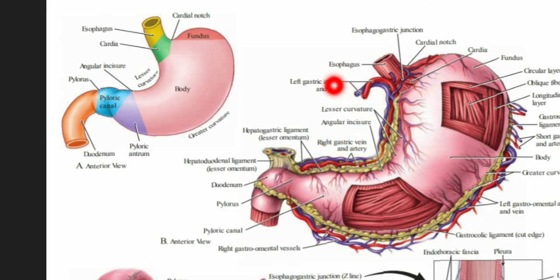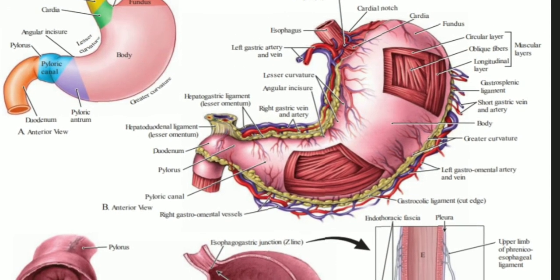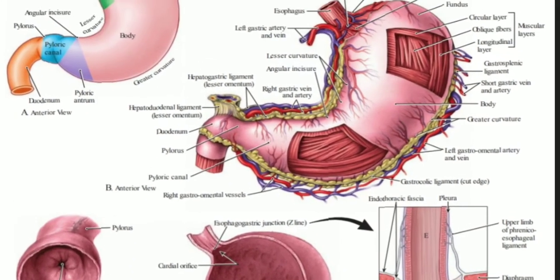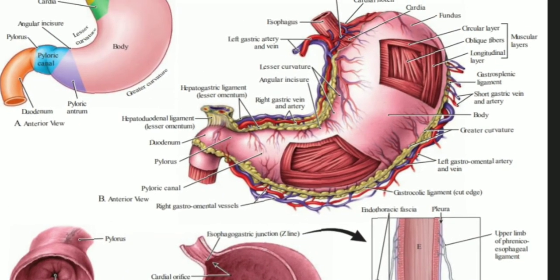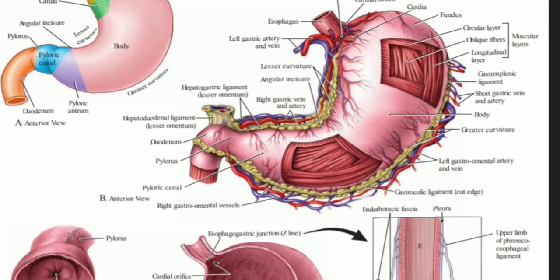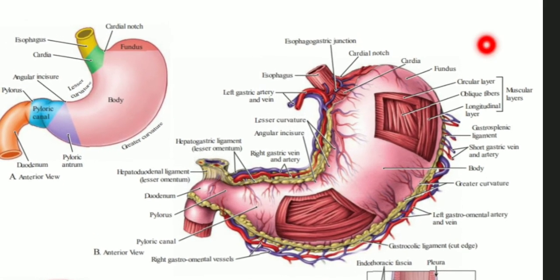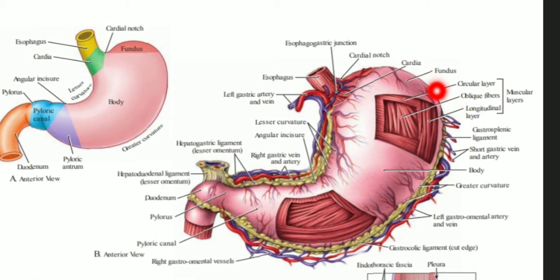In the case of the greater curvature, it is supplied by the right gastroepiploic artery, a branch of the hepatic artery.